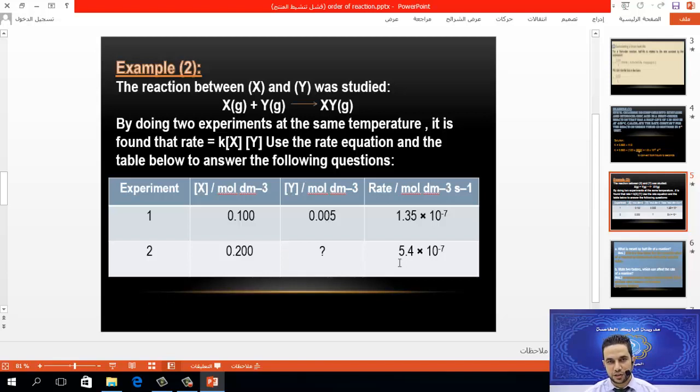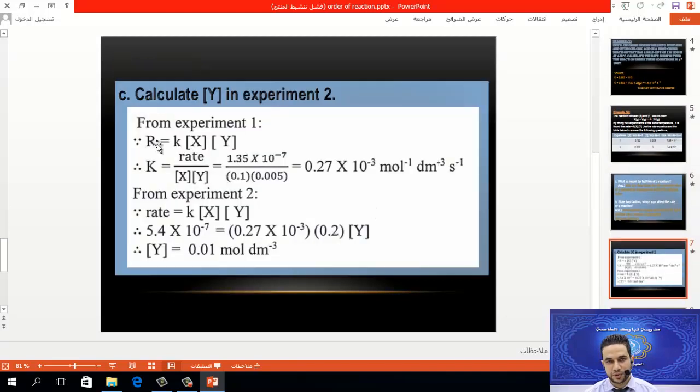So now let's see the solution. In step 1, from experiment 1 we must calculate K. So K is the subject: rate divided by concentration of X and concentration of Y. So K equals 1.35 times 10 to the power negative 7 divided by 0.1 times 0.005.